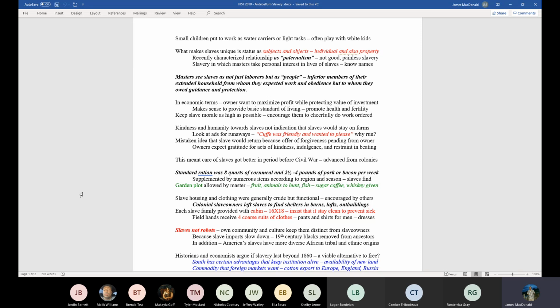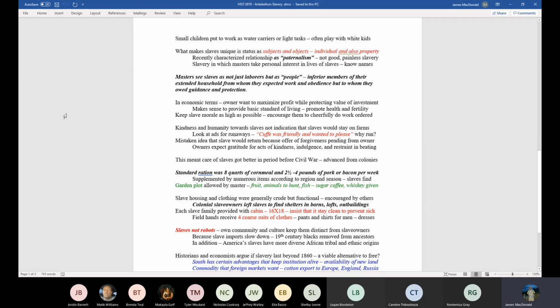They were allowed to fish. Many slave owners allowed their slaves to have a garden plot where they could have animals of their own. Fruit, sugar, coffee was sometimes given along with whiskey. This all depended on the owner, if he or she decided to give out those items.